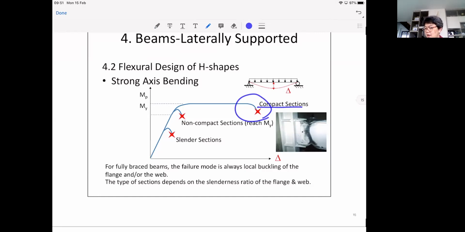And when you have a compact section, your beam should be able to reach MP. But if either the web or the flange is non-compact, your beam will have local buckling before it reaches MP, and therefore the flexural capacity must be reduced. And further, if either the flange or the web is slender, we are down to a very, very low moment carrying capacity.